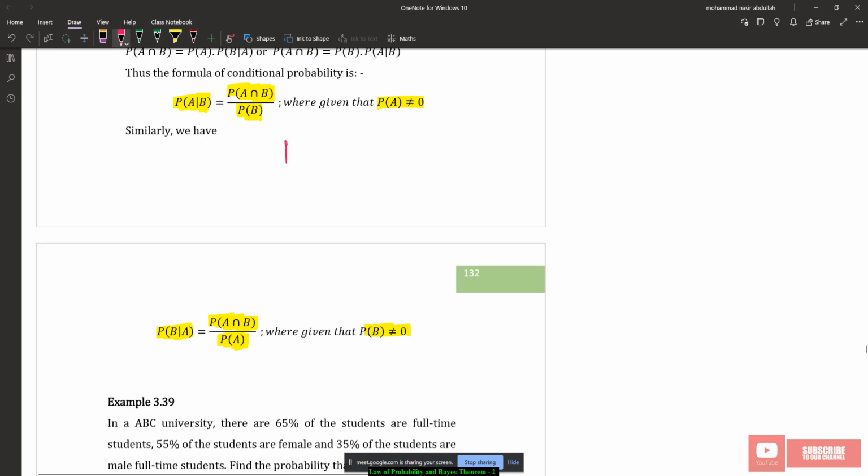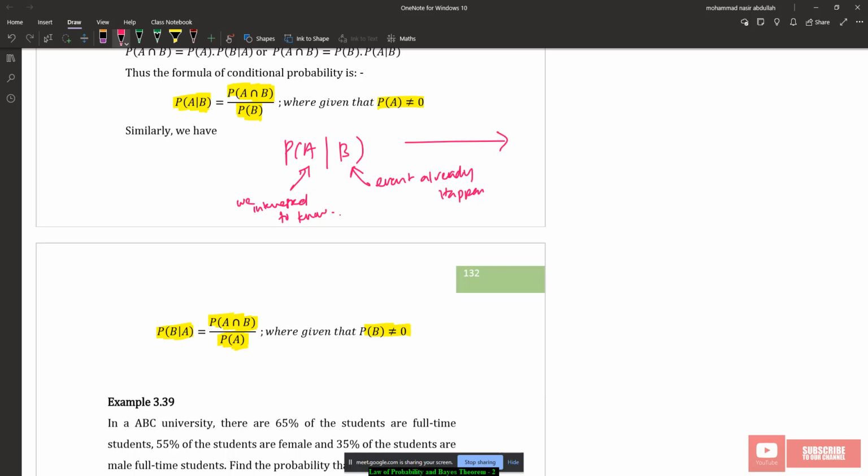It means that probability of A given B, I explain again, means that B is the event that already happened, and A is the probability that we are interested to know, right? This is the event that we are interested to know, and this is the event that already happened.